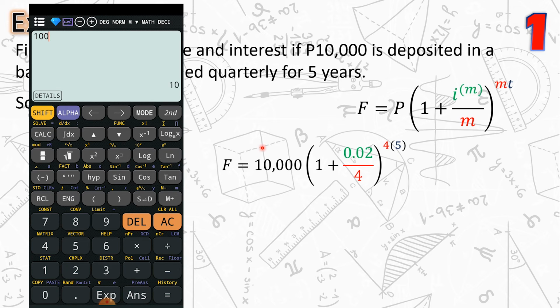So on your calculator, input 10,000 pesos times the quantity 1 plus the fraction, on the numerator is 0.02, and then denominator is 4, close quantity, and then exponent is 4 times 5.